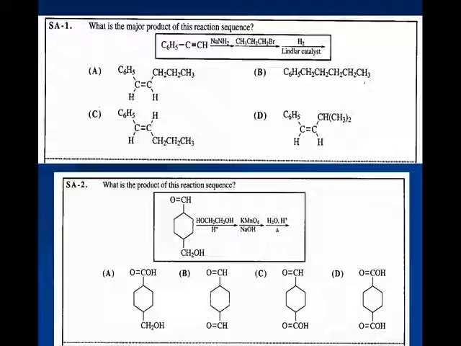It does not say excess. So, what is NaNH2? It is a base. Now, liquid ammonia and sodium is a reducing agent, okay? But this is a base. So what's it going to abstract?